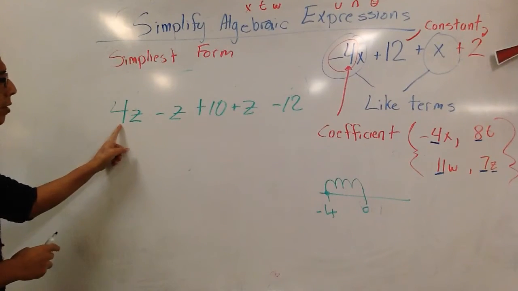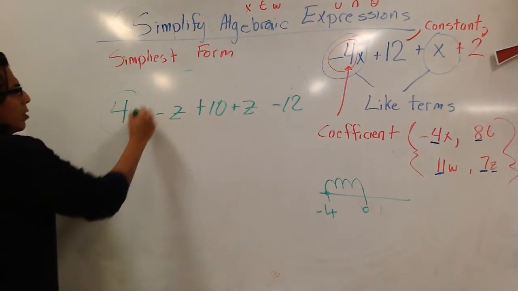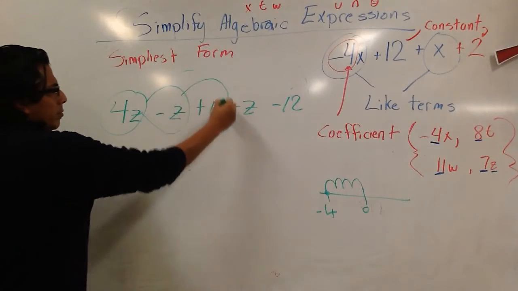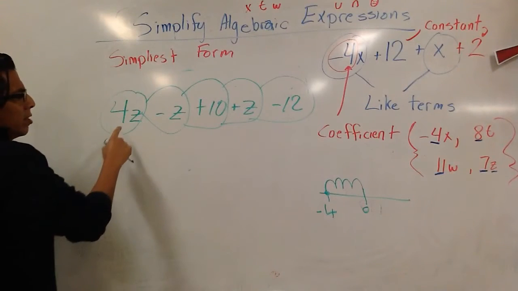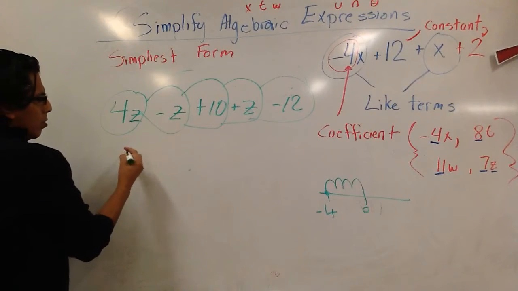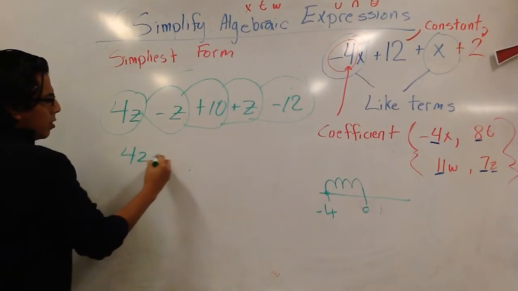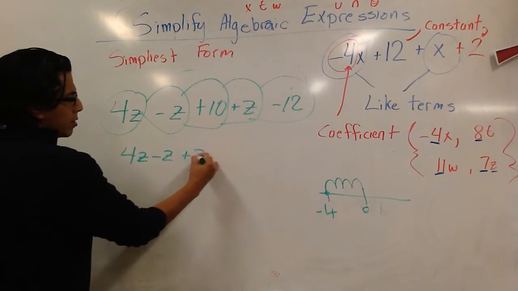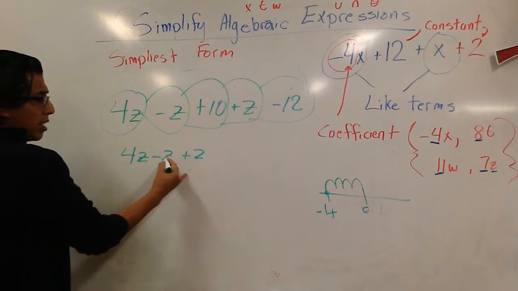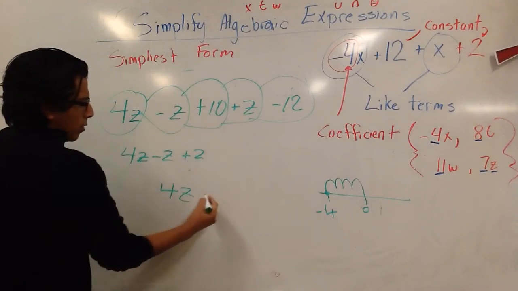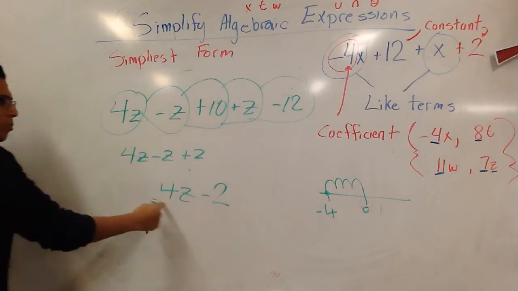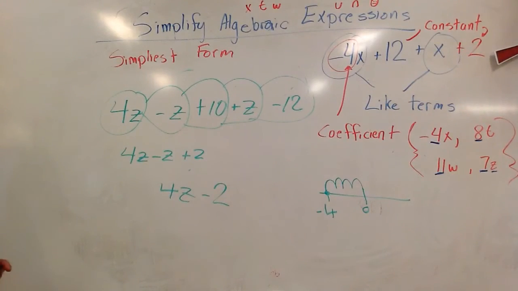That's the 4. All right, so now I'm going to circle it with the operation. See that? Here are my z's. 4z minus z plus z. Well, that's a negative pair, so all I have left is 4z. 10, take away 12, that's minus 2. Simplest form. Why? Because I combined all like terms.